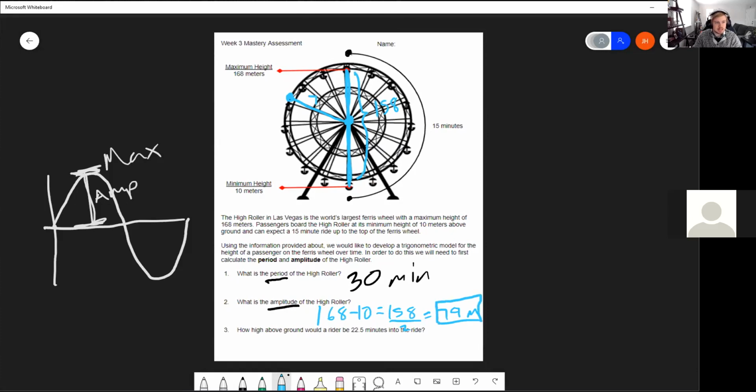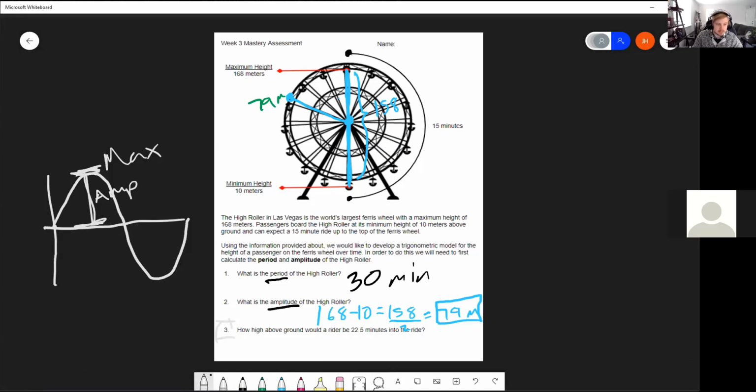So this was 79 meters. That's kind of hard to see, huh? Maybe a different color? Yeah, it's still hard. Okay, 79 meters. Cool. So that was the first two problems, and those were, I think, a little bit more straightforward than the third one.